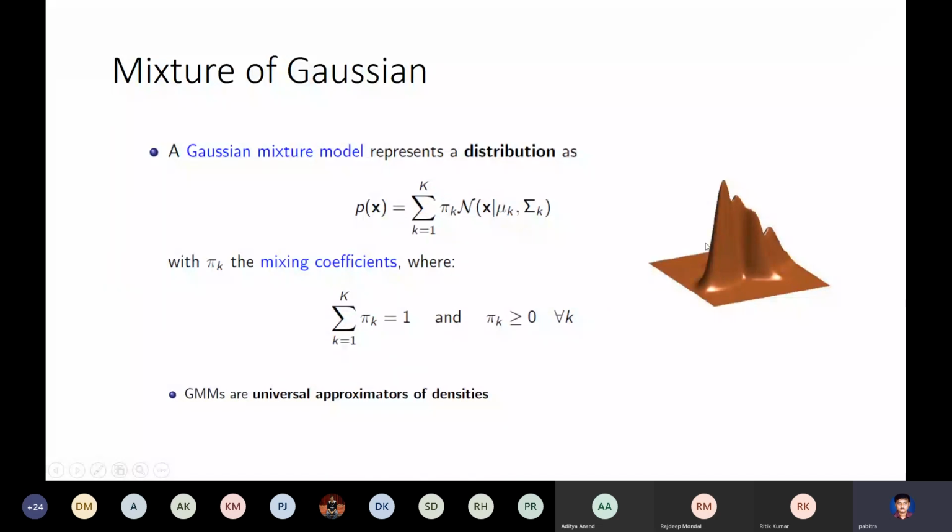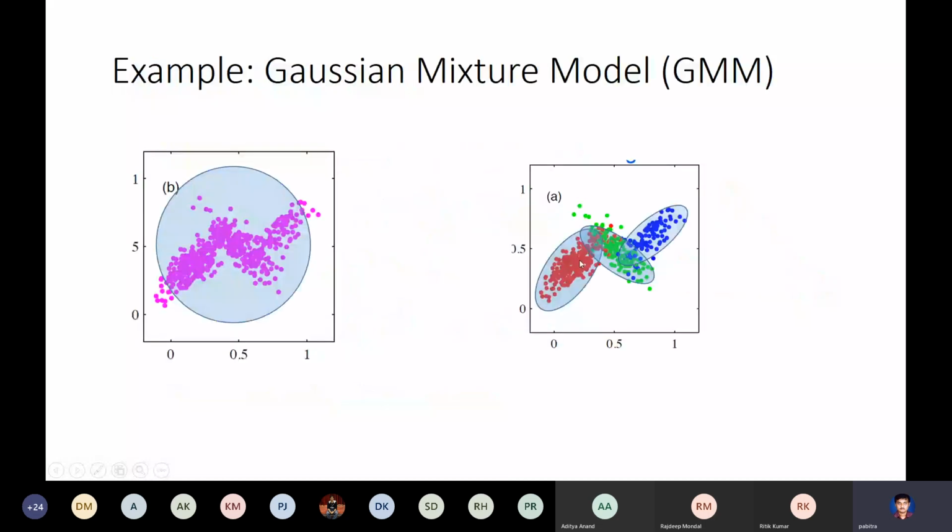So let's say a point falls here, its probability according to the first Gaussian will be very high. According to the second Gaussian will be low. According to the third Gaussian will be low. If a point falls here, its probability according to the first Gaussian will be moderately high. According to the second Gaussian will also be moderately high. According to the third Gaussian, 0.